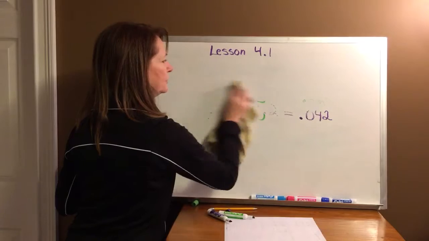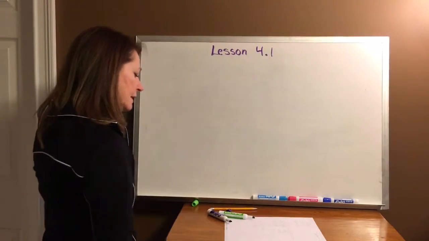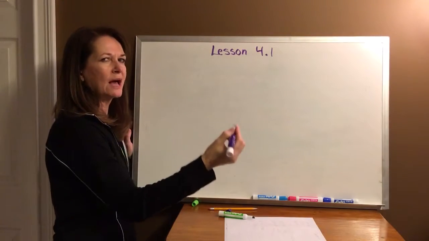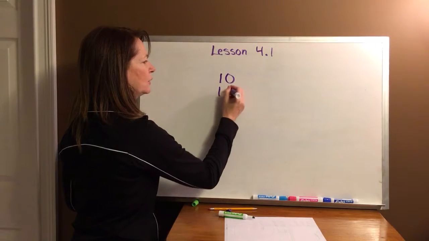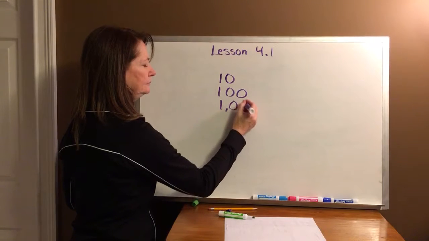Let's review what happens when we're multiplying by powers of 10. See what that looks like. So again, we already know the 1 times anything. Let's not do that. But let's do this 10. And let's do the 100. And let's do the 1,000.